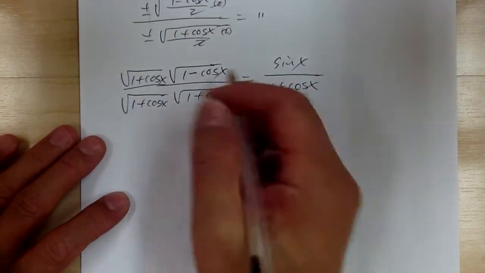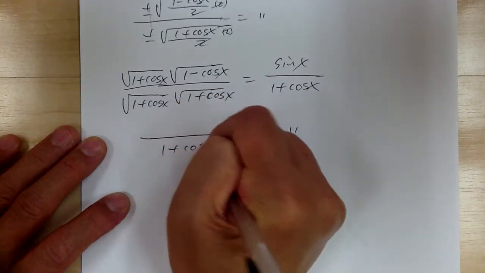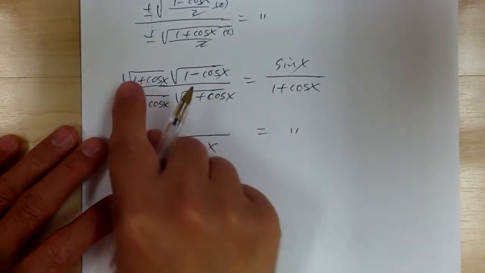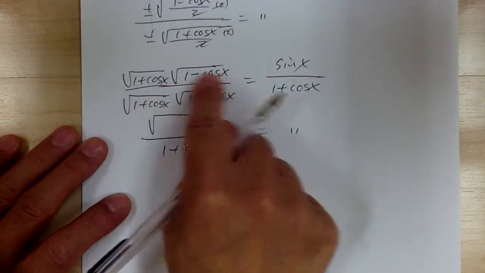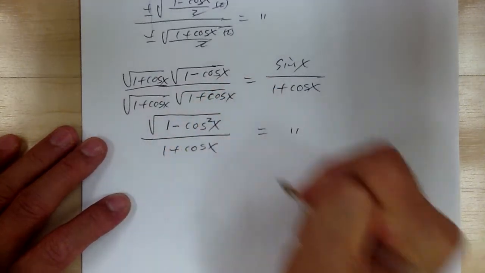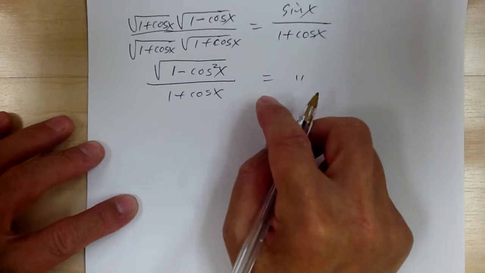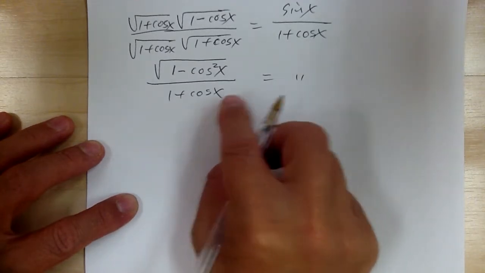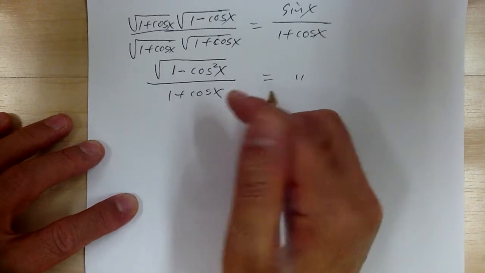So when you multiply, you're going to get 1 plus cosine x. So that takes care of the bottom. Now on the top, when you multiply, this is a conjugate, so you get a difference of squares. As you do more problems, you become more experienced, so you can remember the identities and have an idea what to do.